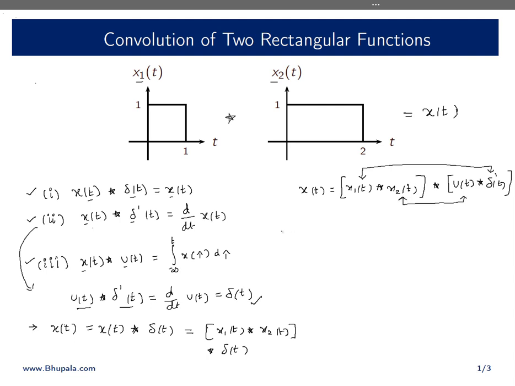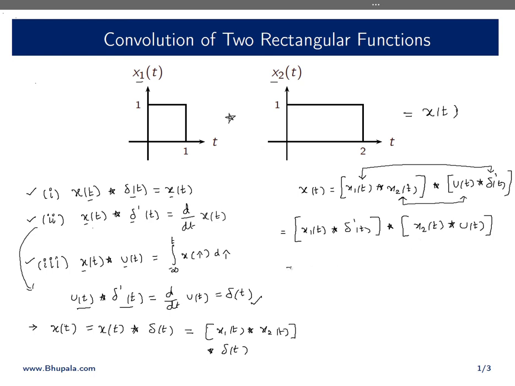So the given x of t can be written as x1 of t convolved with delta dash of t, and this whole thing is convolved with x2 of t convolved with u of t. All these things are happening because the convolution operation satisfies associative and commutative properties.